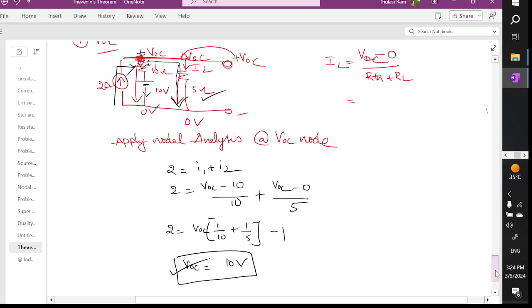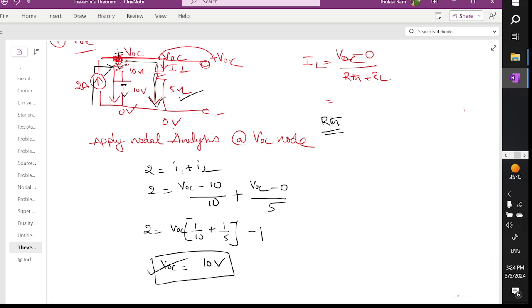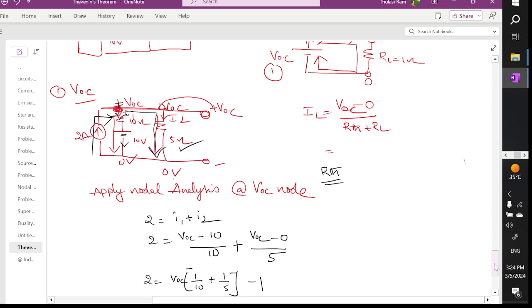The first step is completed. Coming to the second step, which is finding RThevenin. How to find RThevenin? The procedure of finding RThevenin is very simple. Remove the load resistor. We have already removed the load resistor.